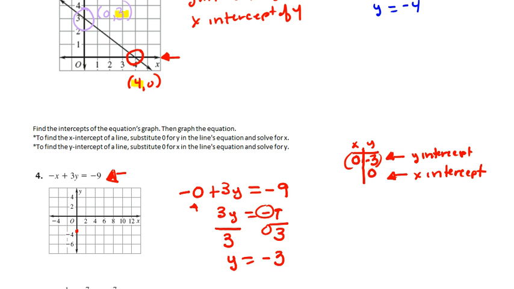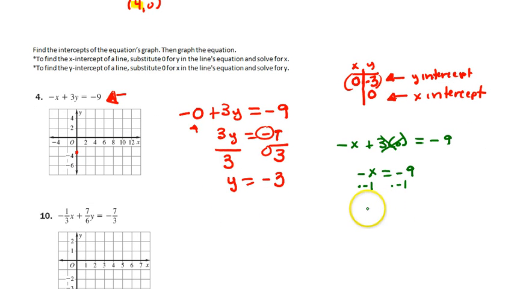Right, now let's do it again, but using 0 for y to find our x-intercept. So we're going to use the equation here again. We've got the opposite of x plus 3 times 0 equals -9. Right? 3 times 0 is 0, so I get the opposite of x equals -9. Well, I don't want the opposite of x. I want to know what x is. So I can either divide by -1 or multiply by -1 to undo this. And I get x equals 9.